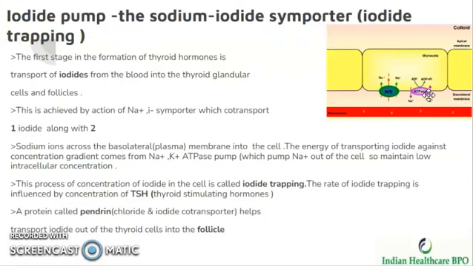The rate of iodide trapping is influenced by the concentration of TSH. A protein called pendrin, a chloride and iodide cotransporter, helps transport iodide out of the thyroid cells into the follicles.